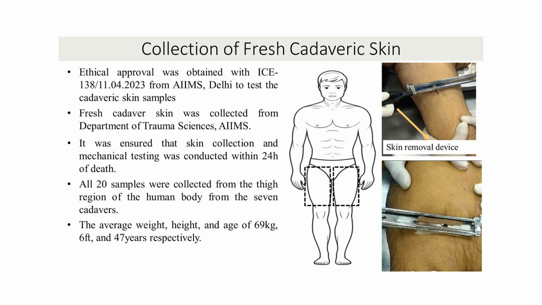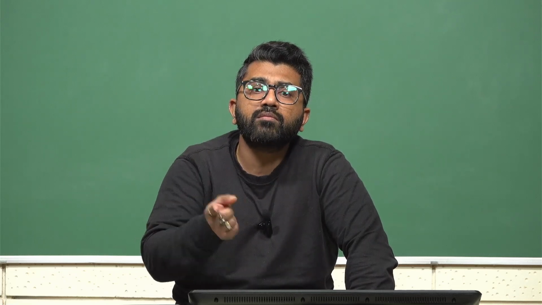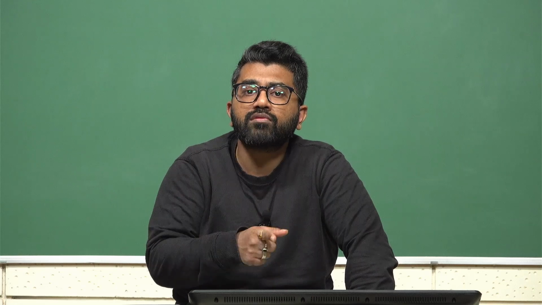Before we take the skin from the cadaver, as a part of the ethical approval, we have to make sure that whenever we are going to use a fresh cadaver for skin extraction, we take informed consent. Now, how do we take informed consent from a cadaver? You have to take informed consent from somebody immediate in their family, if somebody has declared that the person who has died is a family member.